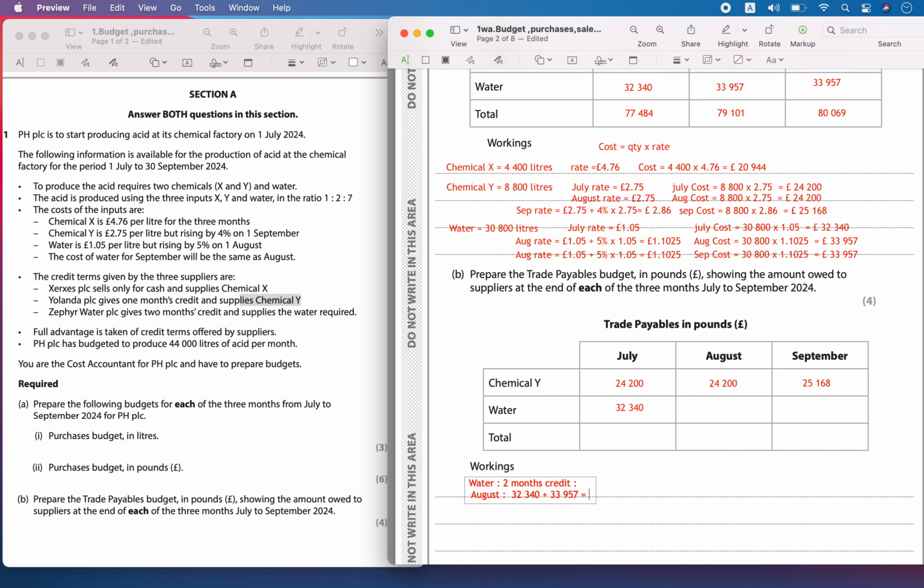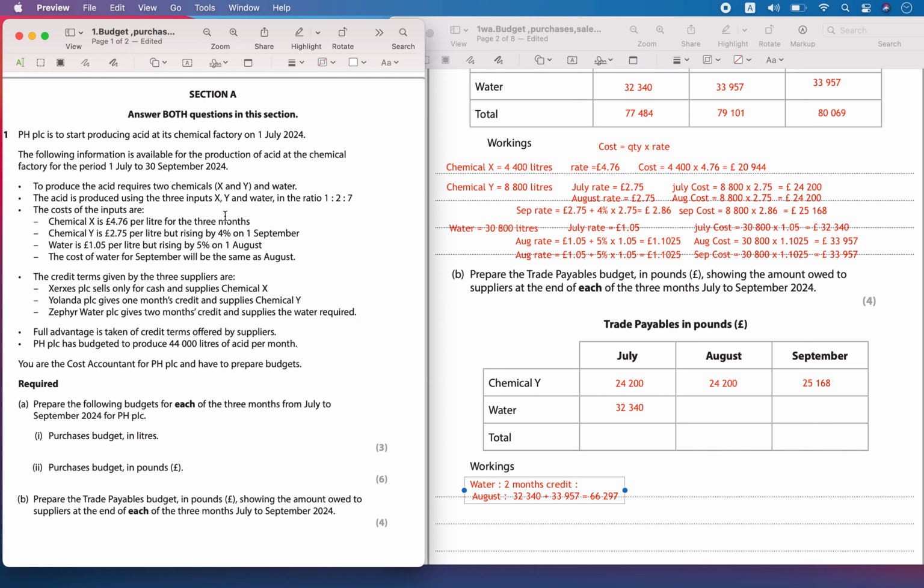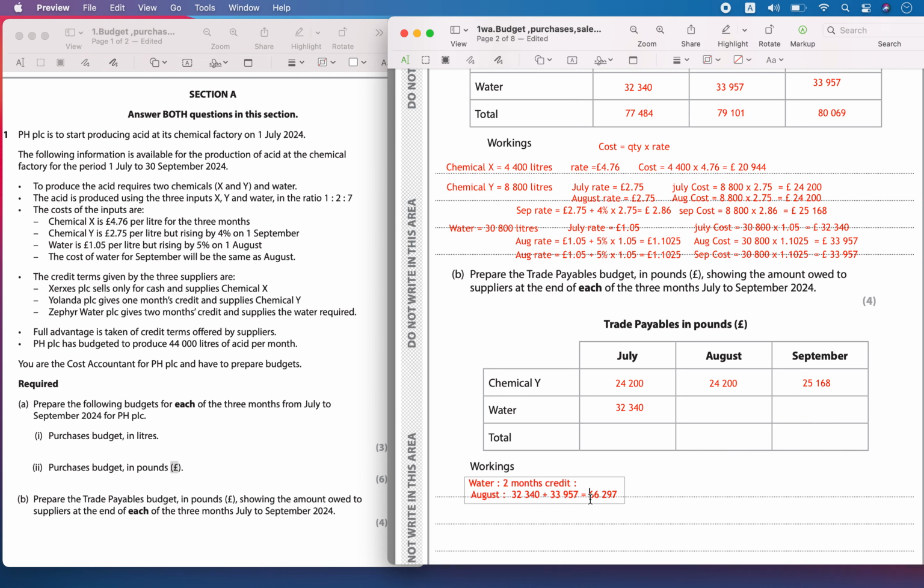I need not pay in cash, I can just have it on credit terms. So 33,957 plus 32,340, that is equal to 66,297 in my books. So this value of amount I can still owe to them, and still I'll be able to get that water for making the chemical.